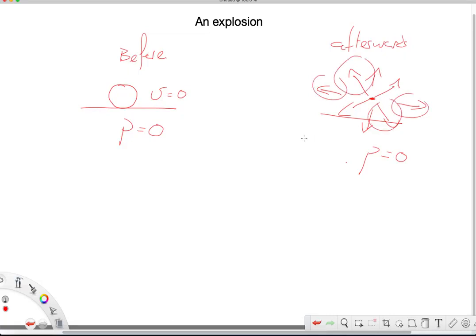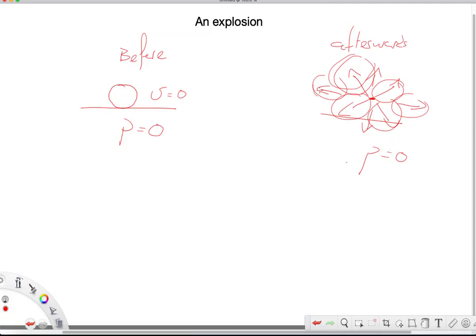But the total momentum will be 0, which means for every bit that goes that way, there has to be a bit that goes this way, and the momentum of those two will add to 0. And along this line, the momentum of these two will add to 0, and the momentum of these two will add to 0. So the total momentum remains 0 before and after.